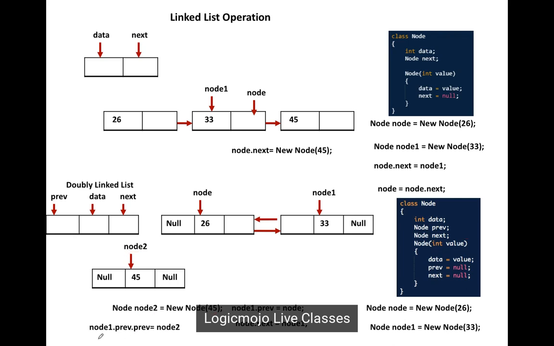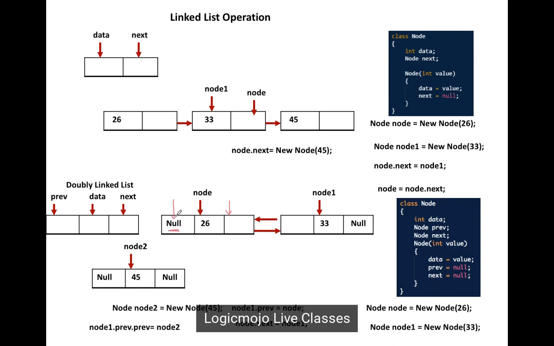And now we execute this instruction. So this is my node 1, node 1 dot previous, it means this particular node, because its previous is pointing to node. And then we are calling dot previous again, it means previous of this particular node, which is null right now.